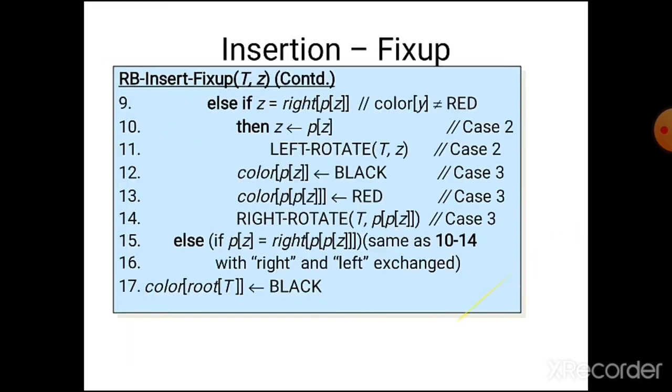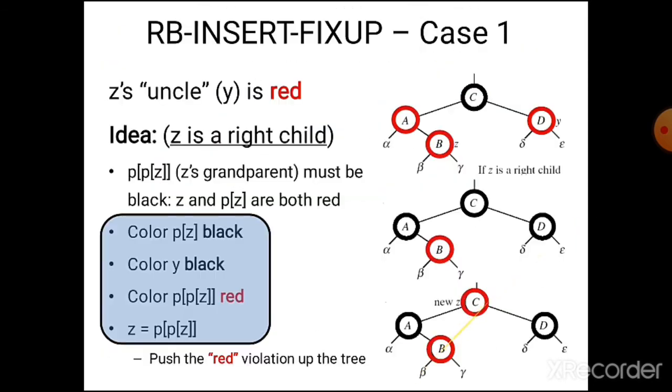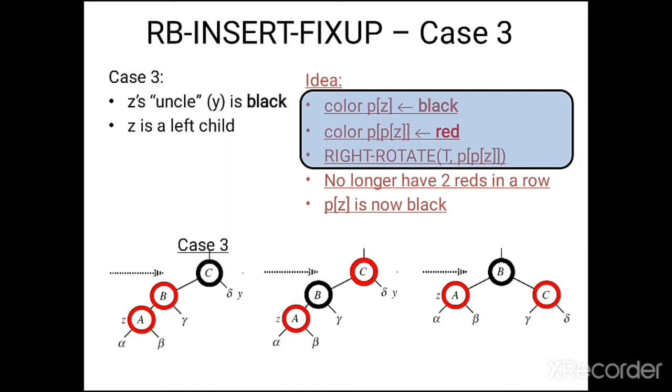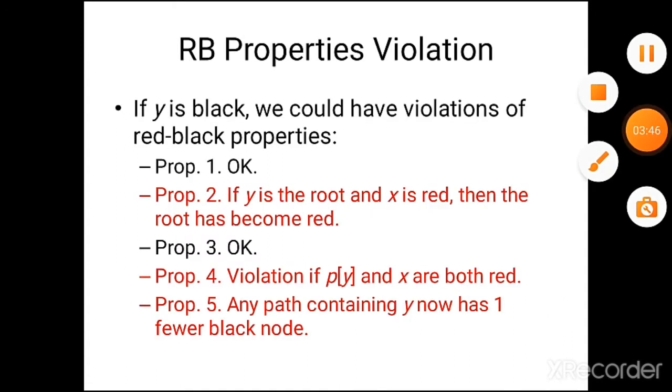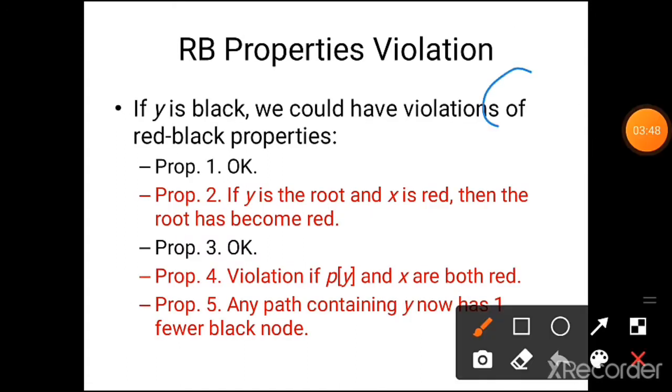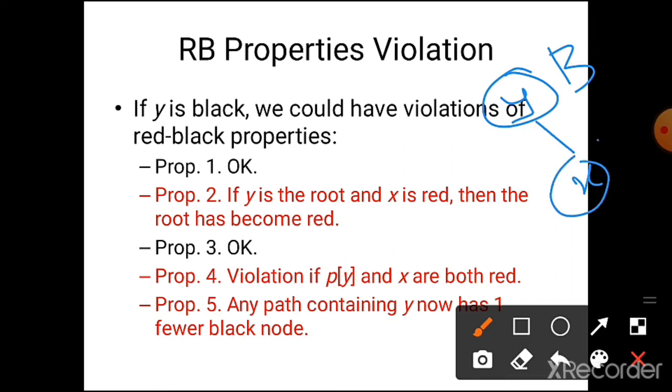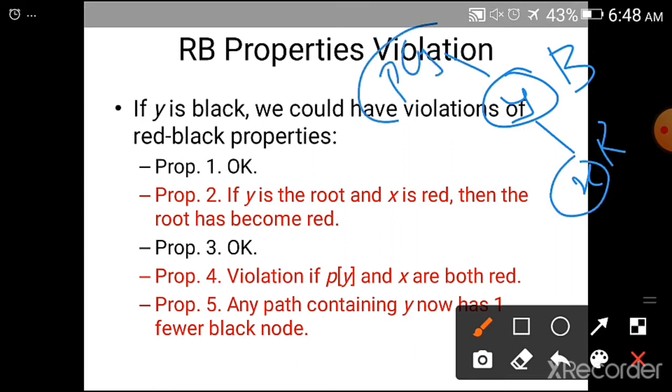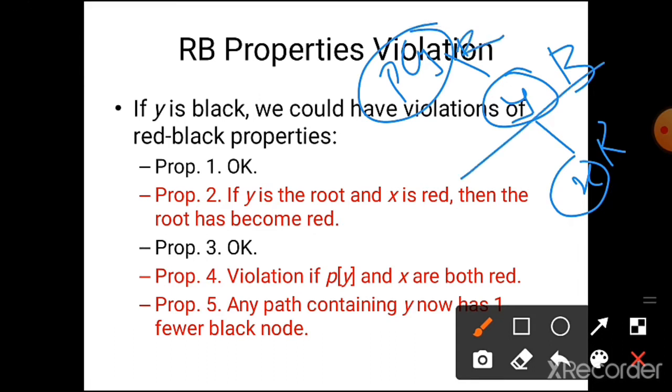So if we remove a node, suppose y is black and x is red, and the parent of y is red, and we try to remove this black y, then its successor is replaced here.